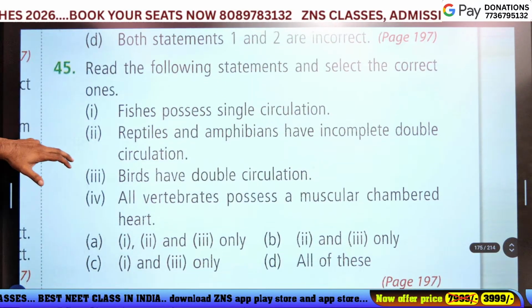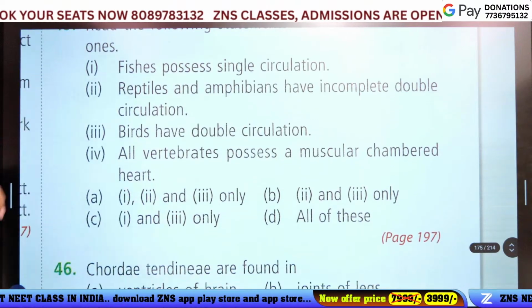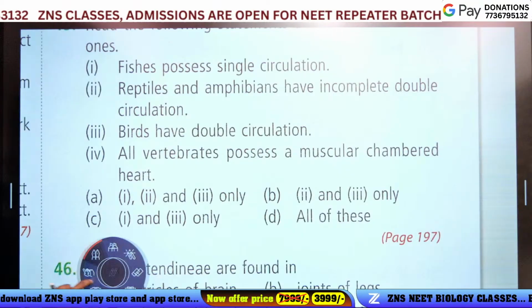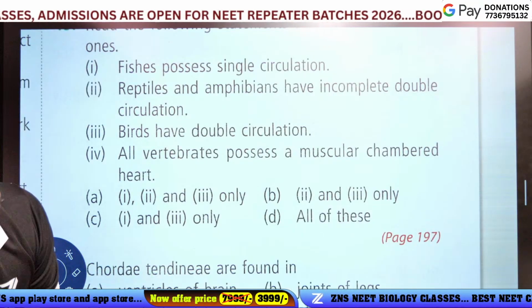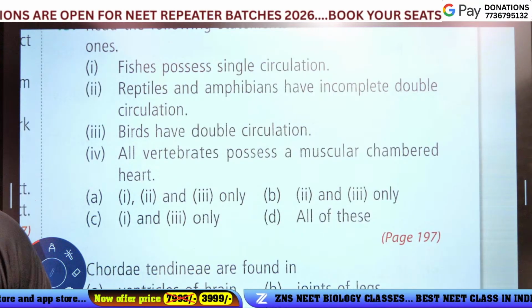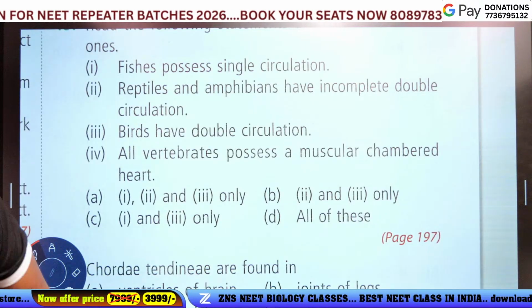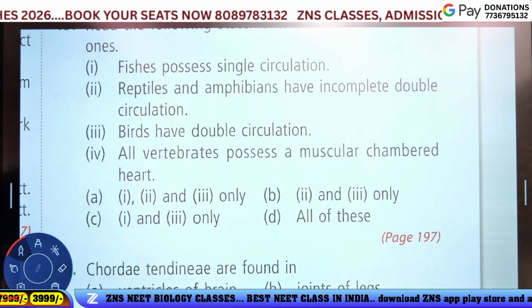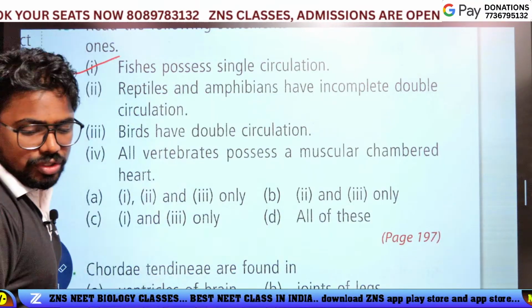Read the following statement and select the correct one. Which is the answer? Fishes possess single circulation, it is correct.